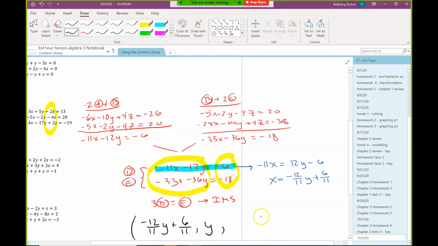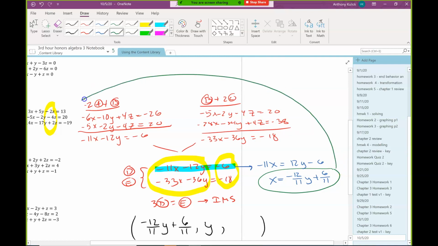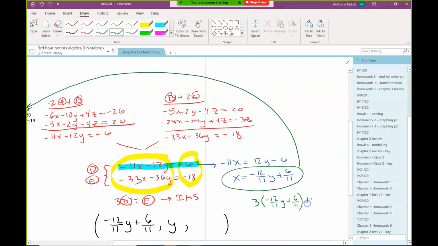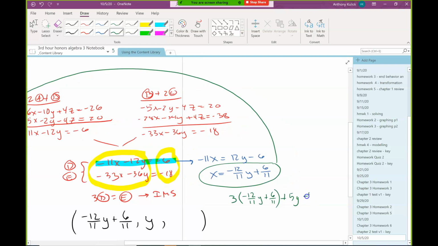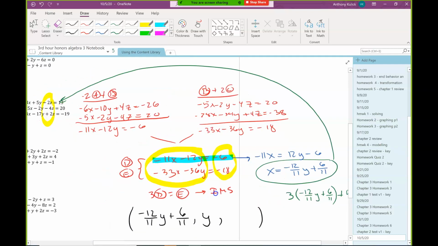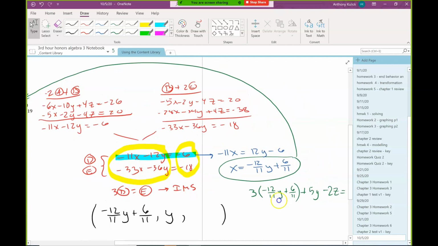And then to find my last component for my answer, the z, I'm going to take this answer for x and plug it back into any of the 3 variable places and then isolate z. So just for the sake of argument, let's plug it into the first one. 13, I think.